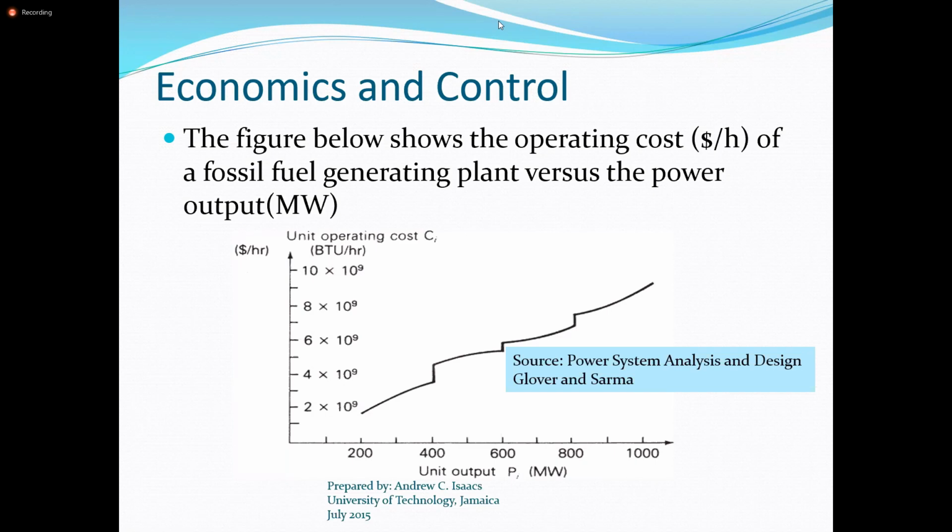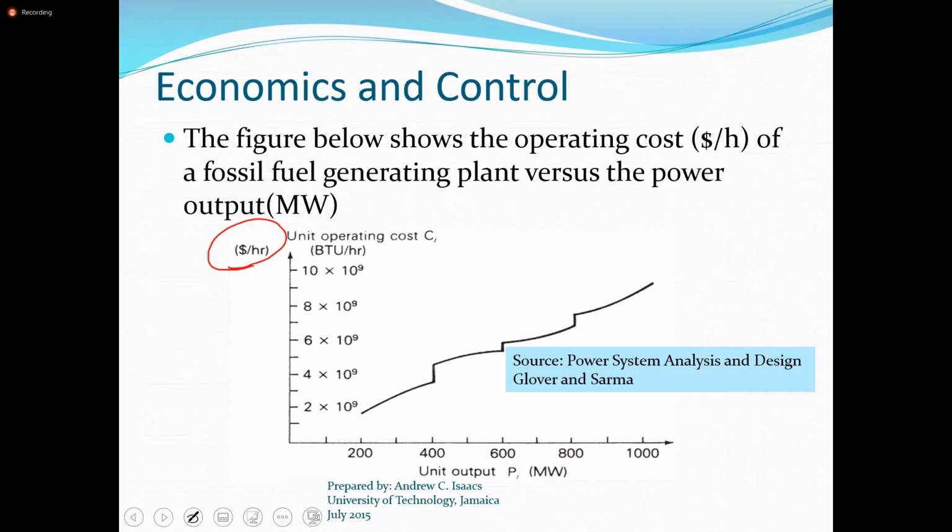Okay, so what we have before us here is the operating cost in dollars per hour of a fossil fuel generating plant. And this is plotted against the power output in megawatts. All right. So we have the operating cost in dollars per hour.